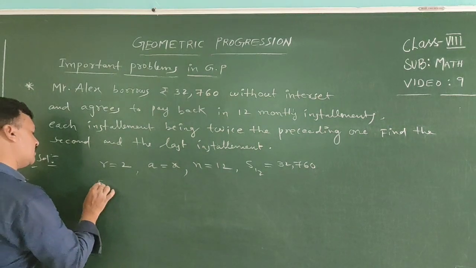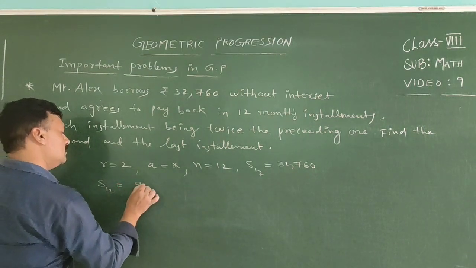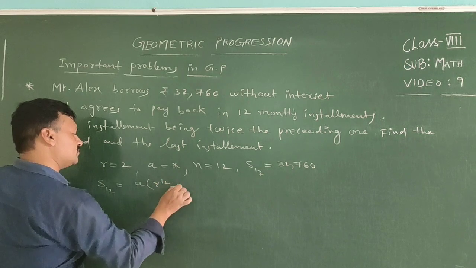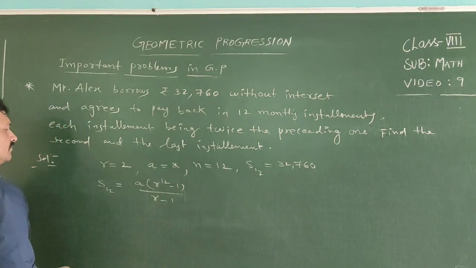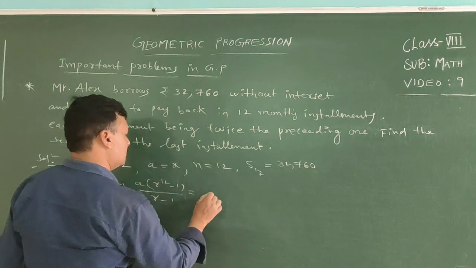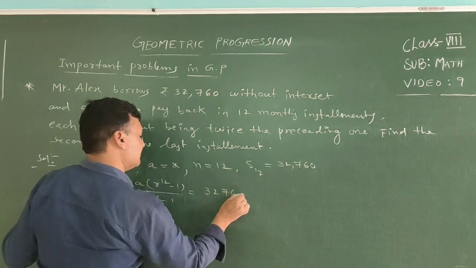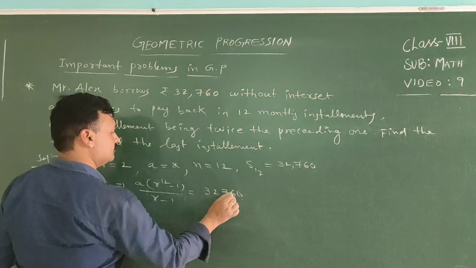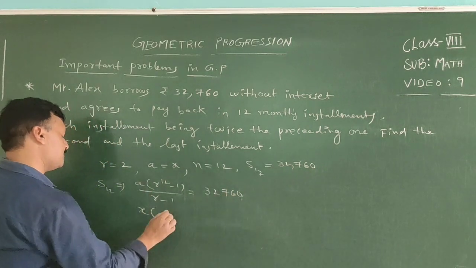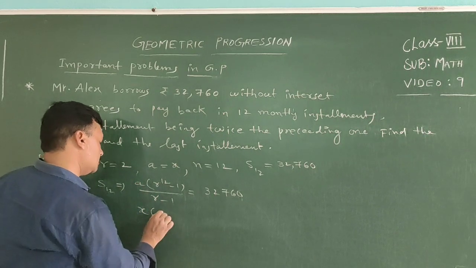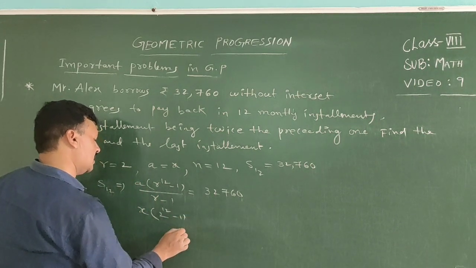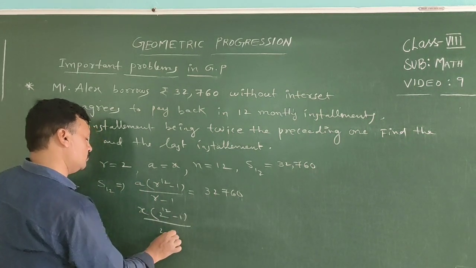So S12 equal to A into R power 12 minus 1 by R minus 1. That implies 32,760 equal to X into 2 power 12 minus 1 by 2 minus 1.